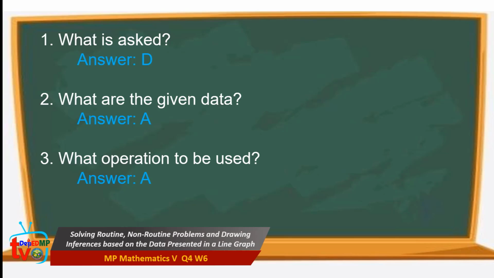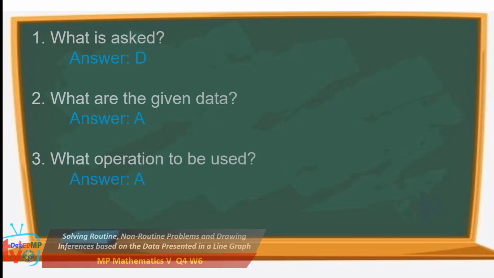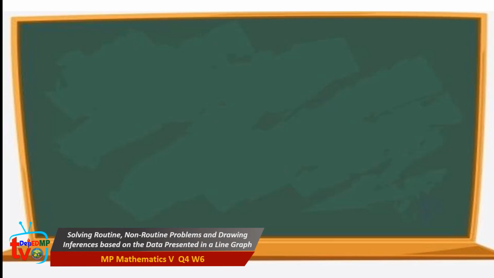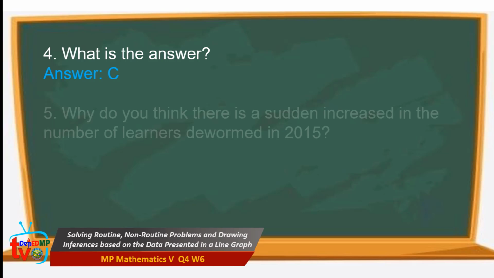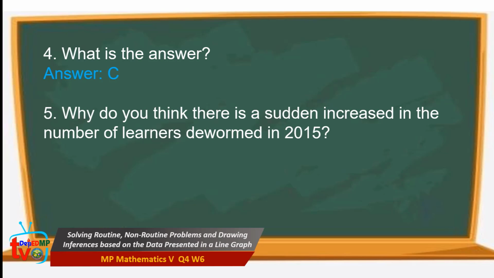The answer is A. Number 4, what is the answer? Letter C. Why do you think there is a sudden increase in the number of learners dewormed in 2015? Answer is B.